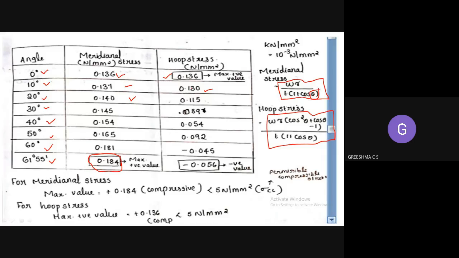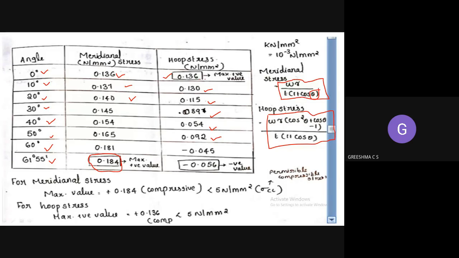That is, the stress decreased. Again at 20 degree you are getting 0.115. Again for 30 degree you are getting 0.089. At 40 degree you are getting 0.054, and at 50 degree you are getting 0.098, which means that the hoop stress is not following a linear path.